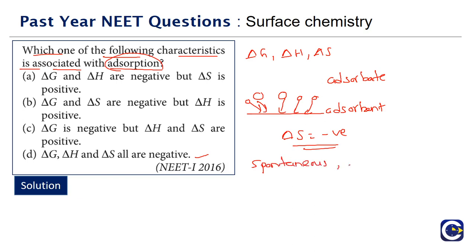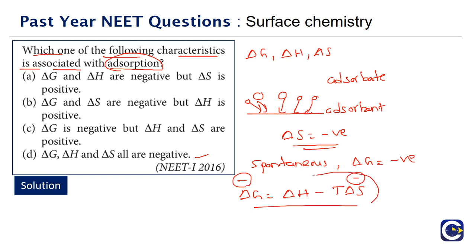When we say spontaneous process, for all spontaneous process, the free energy change delta G must be negative. And if you look at delta G, when we maintain the temperature constant, delta G will be delta H minus T delta S. We are looking at delta G negative, and already delta S is negative. So minus of minus will be overall, it is going to be plus, positive.